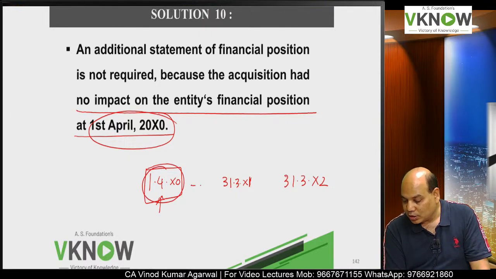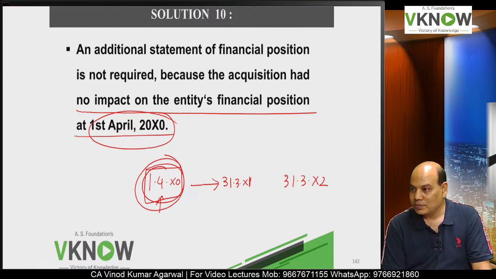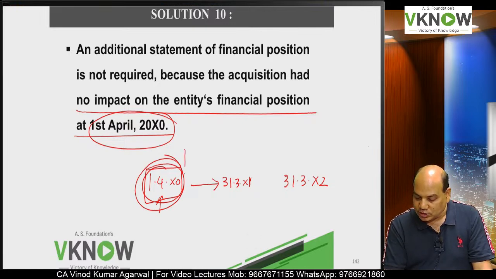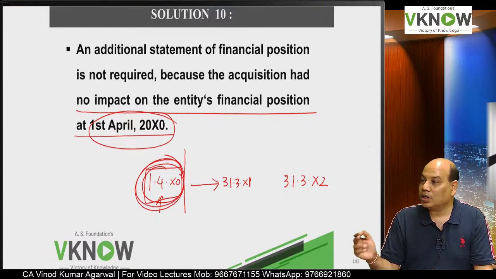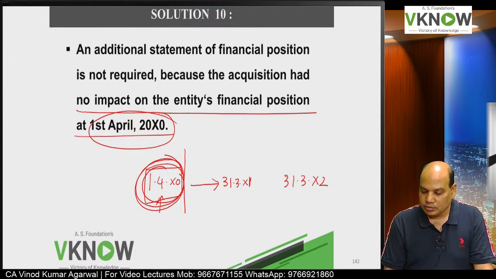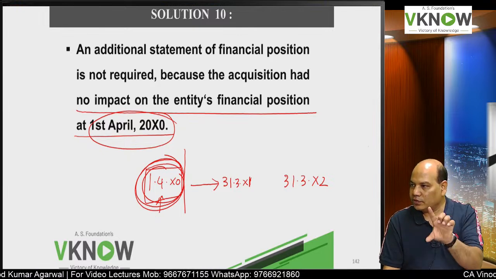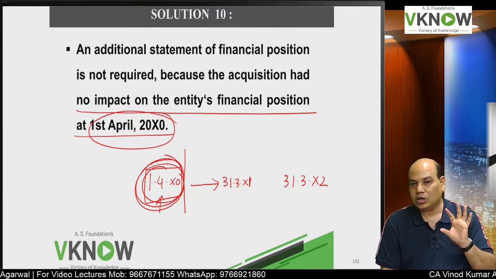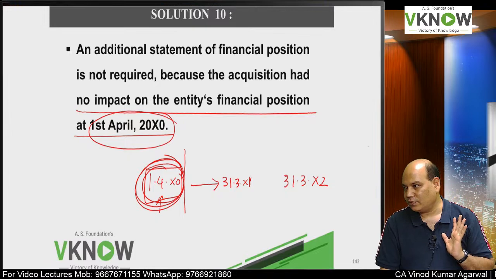If I have acquired a company after 1st April, in any case this balance sheet is not going to be affected. So additional balance sheet is required only if it is going to get affected. But suppose even if it was not there, then also the answer is you don't have to prepare additional balance sheet. You have to only regroup, reclassify the comparative information.